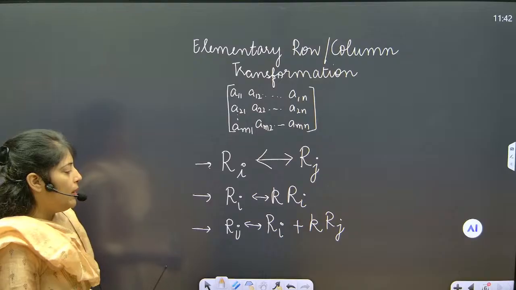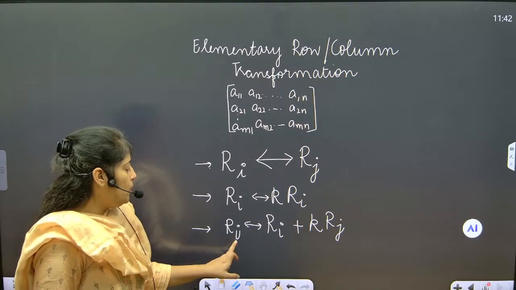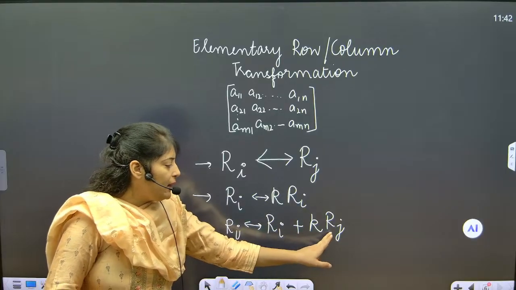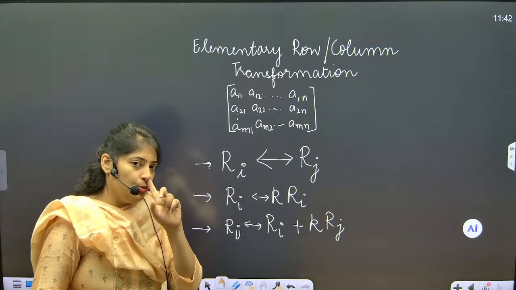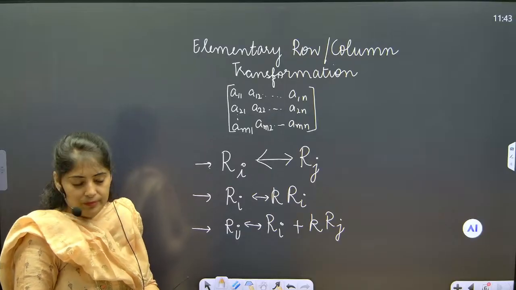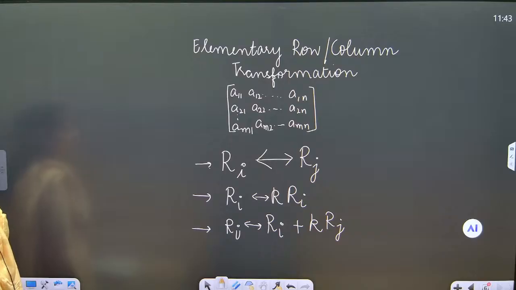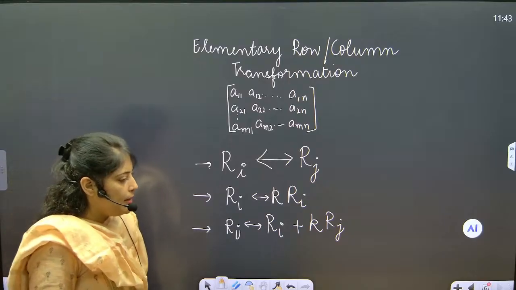Okay. Now what does it mean? Suppose I am talking about R1. R1 I am changing, I am adding 2 times R2. That I'll tell you now. First note it down, then I'll give you the example.